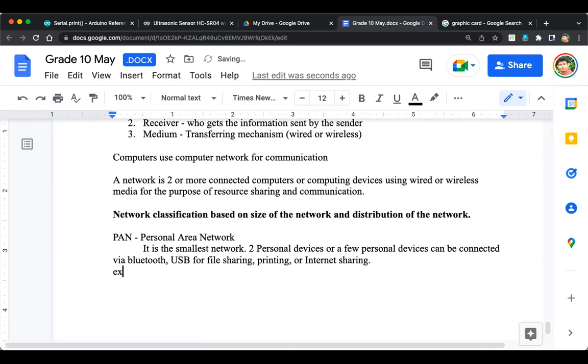Example, you can say mobile hotspot. Why? For internet sharing.